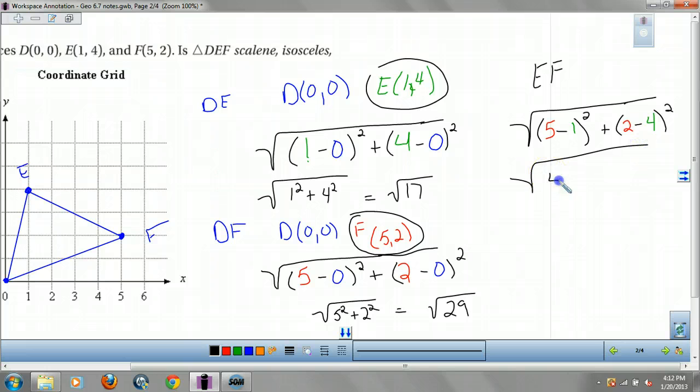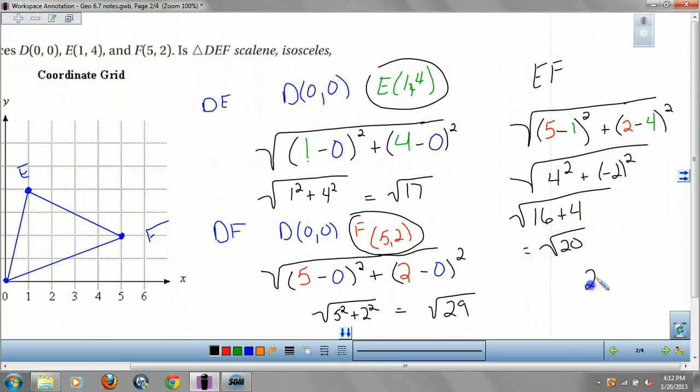So we get the square root of 4 squared plus negative 2 squared, which is the square root of 16 plus 4, which equals the square root of 20. If you break that down, you get 4 and 5, the 2 makes it out, the 5's left inside: 2 root 5.